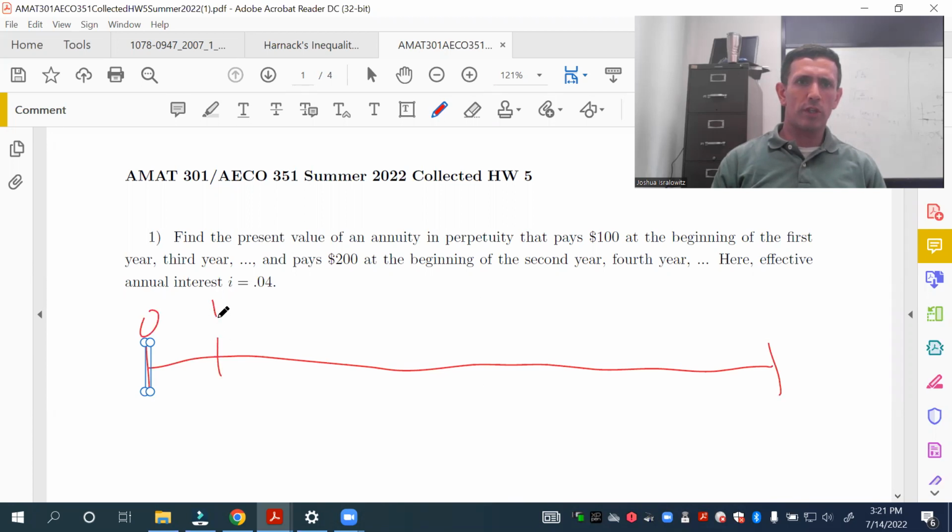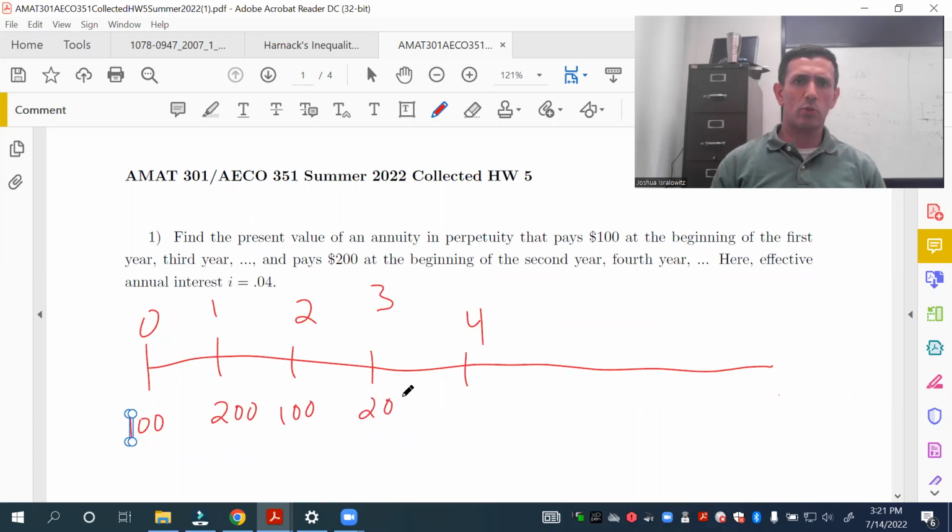So remember the first year is 0 to 1, the second year is 1 to 2, et cetera. It has no ending, so it doesn't really make sense to draw an end. The beginning of the first year is 100, the beginning of the second year, 200, and et cetera.